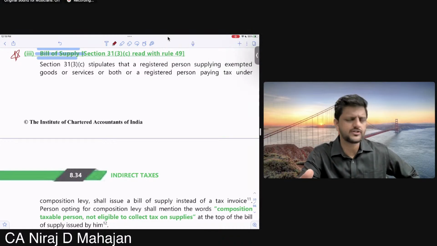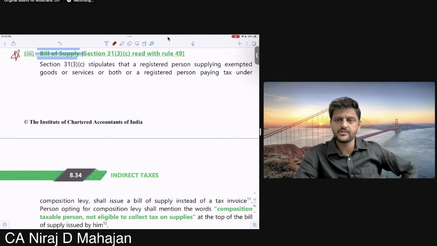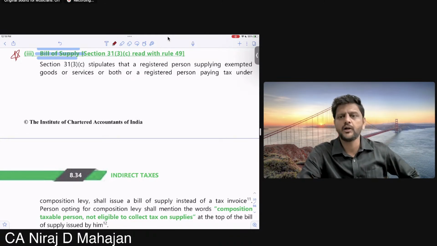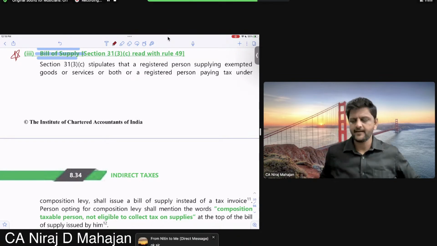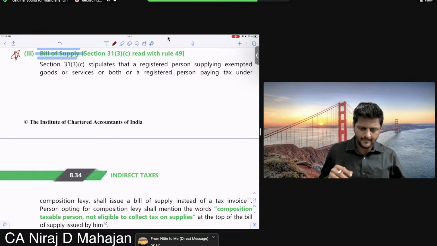Or if an orphanage took the Xerox or stationery from you, you have to charge. Orphanage, whatever services they are giving, that is exempt. But now, let us say orphanage buys petrol or diesel for its own vehicles. They are paying taxes now as a customer. You know? As a customer, they are paying taxes.